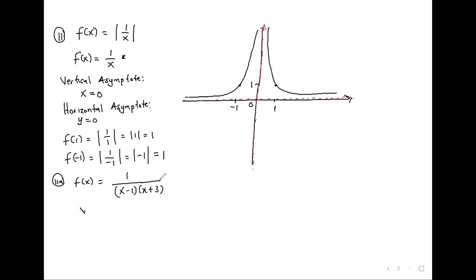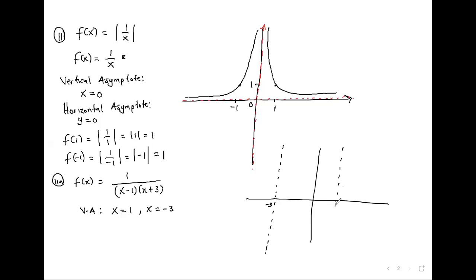So still vertical asymptote, x is equal to 1, x is equal to -3. Excuse me, sir. Why is it -3 there? You just randomly pick numbers, or is it coming from somewhere?